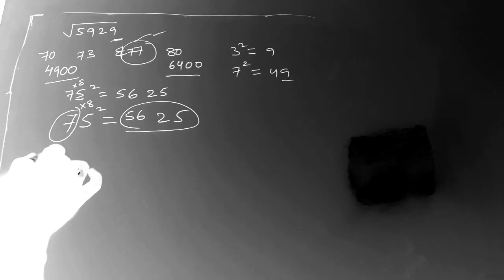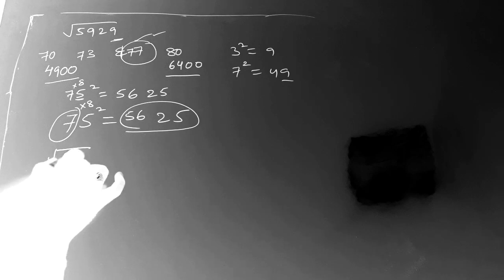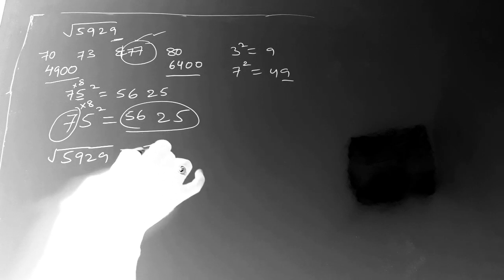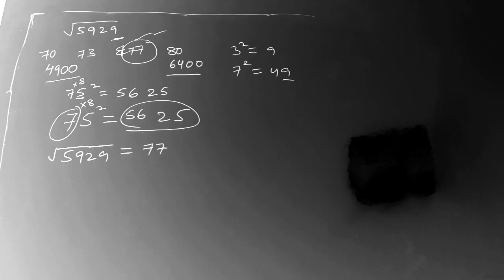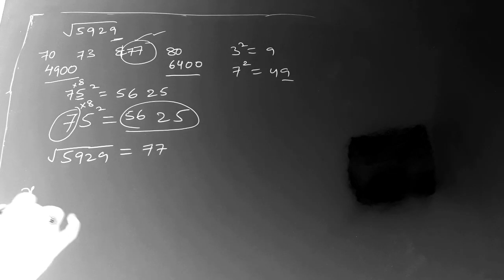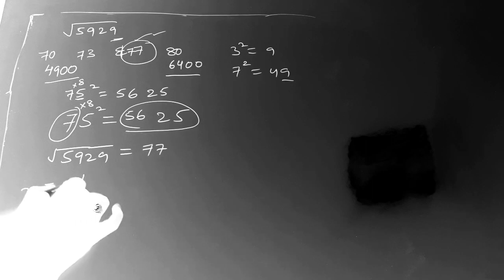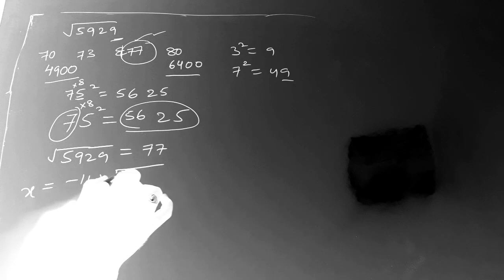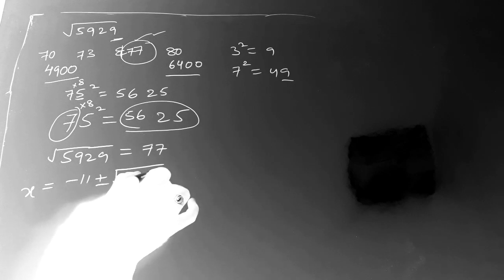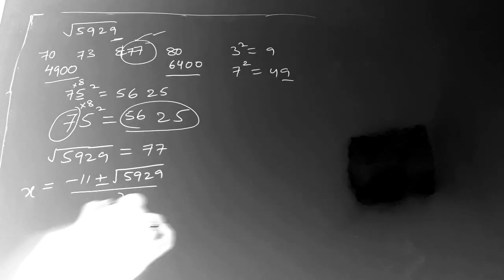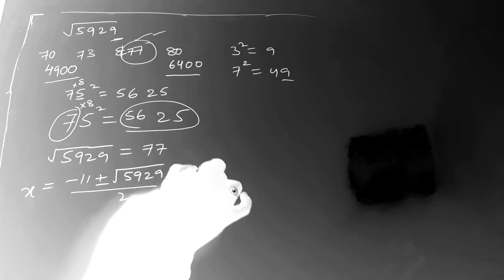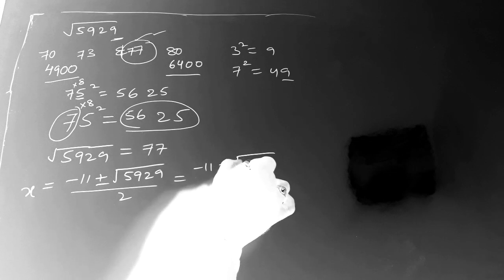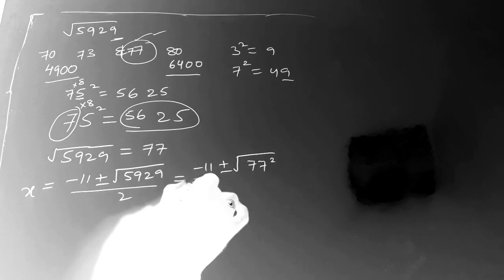Okay. Now the square root of 5929 is nothing but 77. Now x is equal to minus 11 plus or minus square root of 5929 by 2. That is equal to minus 11 plus or minus square root of 77 square by 2.